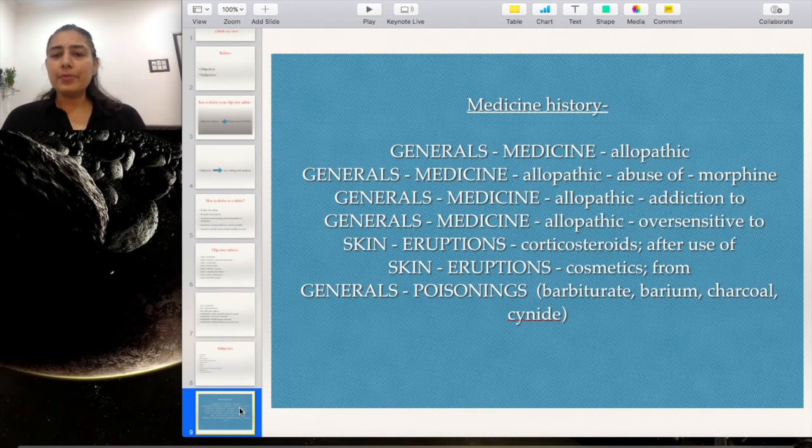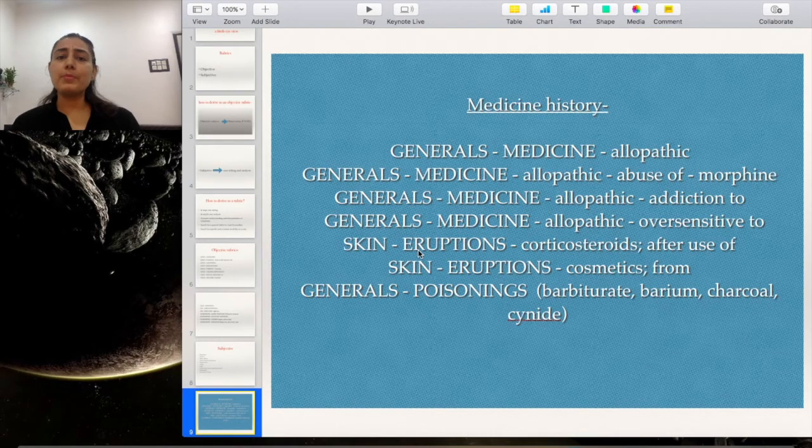There's another kind of rubric which is very unique. In the general section you have general reaction to medicines, that is allopathic. You have rubrics related to medicine history specifically, like some people are addicted to medicine, so you have a rubric generals, medicine, allopathic, addiction to; generals, medicine, allopathic, abuse of morphine; generals, medicine, allopathic, oversensitive to.